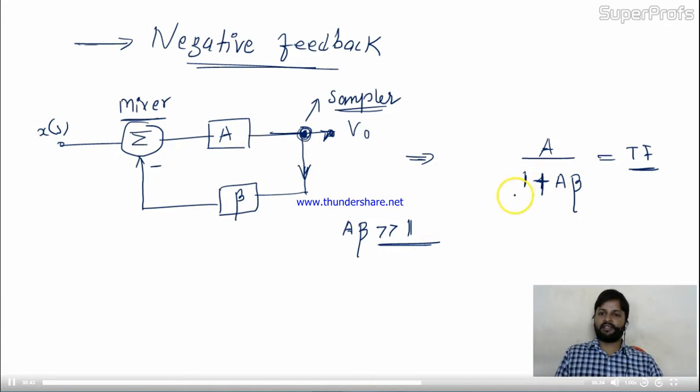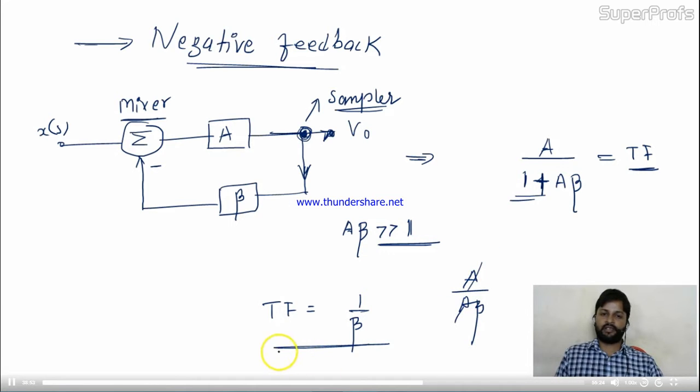In this case, I can neglect the 1, and your transfer function will be 1 by beta only, because A by A beta remains 1 by beta. This is your transfer function when the multiplication A beta is greater than 1. Is it okay, friends?